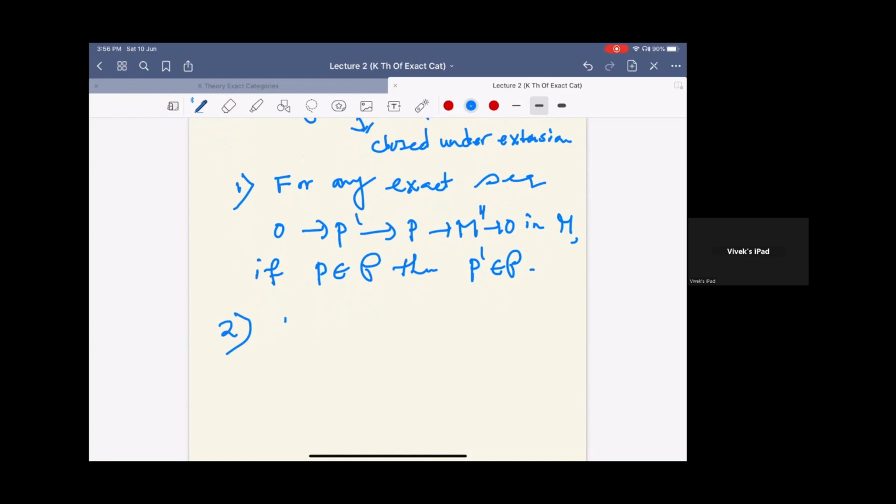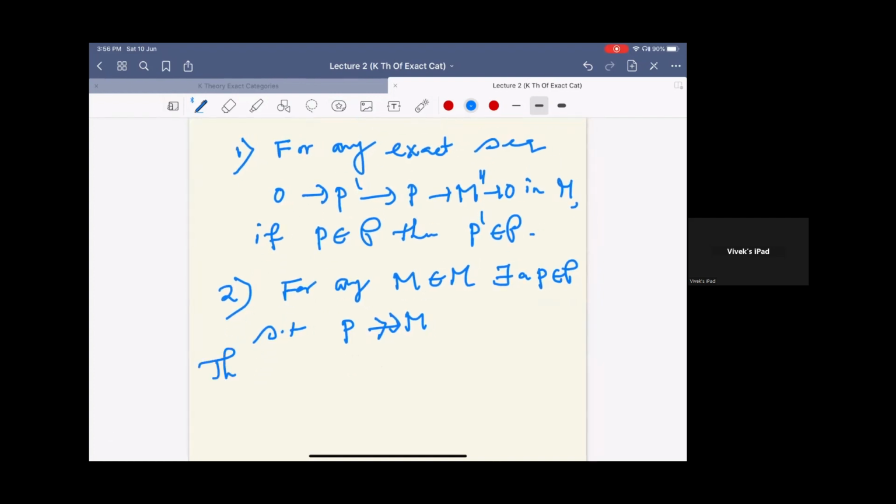And second, for any M in M, there exists a P in rho such that there is an admissible monic epic from P to M. So basically this defines a finite projective resolution for every element of M. So in these settings, the theorem claims that Kn of rho is isomorphic to Kn of M for n greater than or equal to 0.